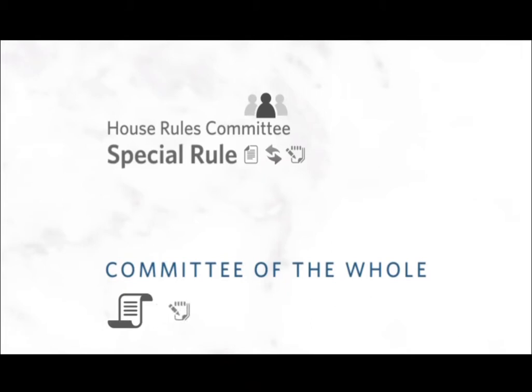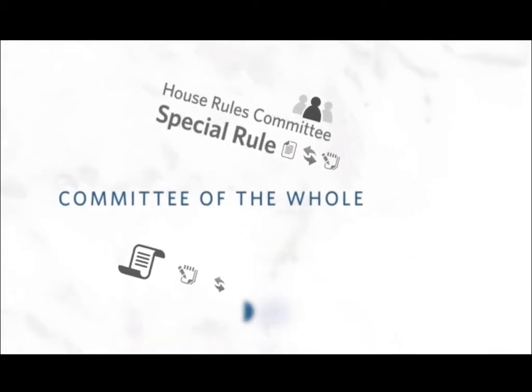After any amendments are offered and debated, members vote on approval, and each amendment requires a simple majority to be agreed to. After the amendment process is complete, the Committee of the Whole rises and reports to the full House any recommended amendments, which are then usually approved by the House by voice vote.